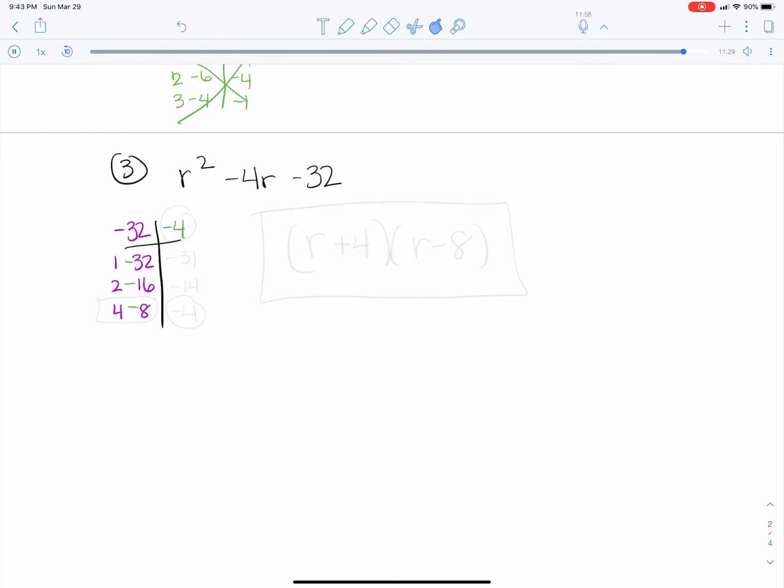All right, so I have 1 minus 32, that's negative 31. 2 minus 16 is negative 14. And 4 minus 8 is negative 4. So that's what we want. These two numbers become part of our factors. And our factored form for this is r plus 4 times r minus 8. That's it.